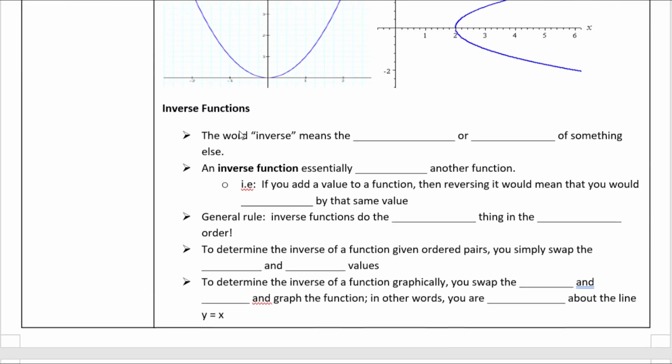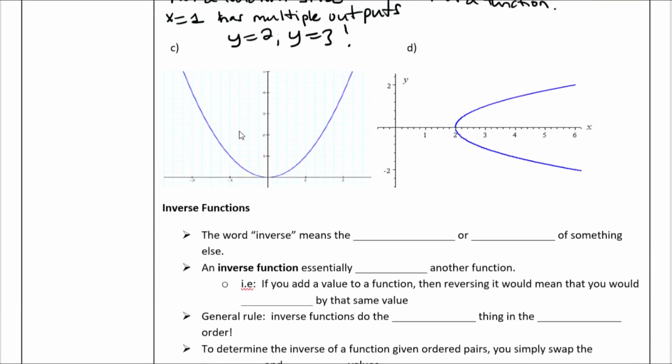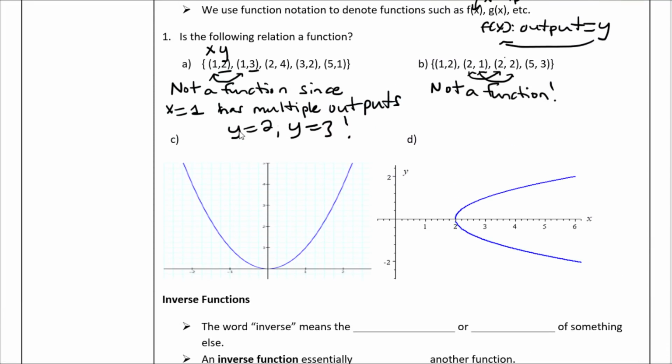All right, so now for part C and D, we're looking at it graphically. So this is where we use the vertical line test. What we do is use a sweeping vertical line to see if the graph crosses at more than one point on the line.